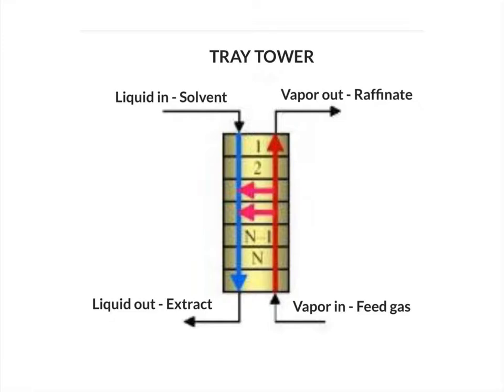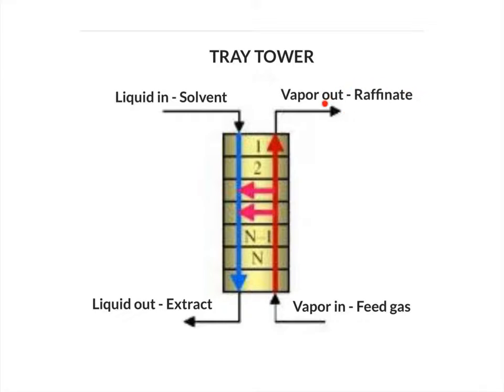For the tray tower, there are two inlet streams, which are the feed gas stream and solvent stream, and two exit streams. One is called the extract stream, the other one is called the raffinate stream.